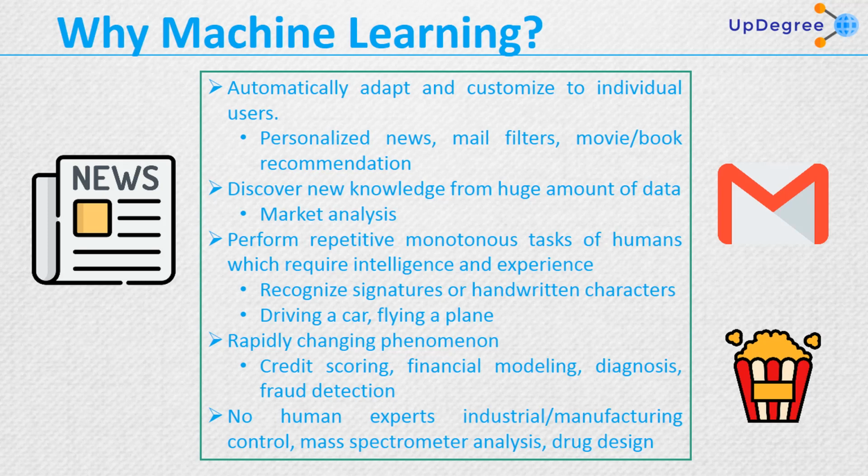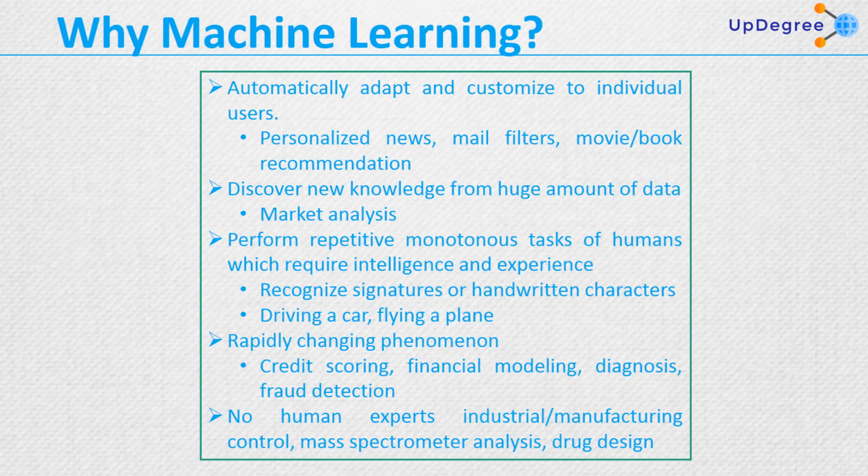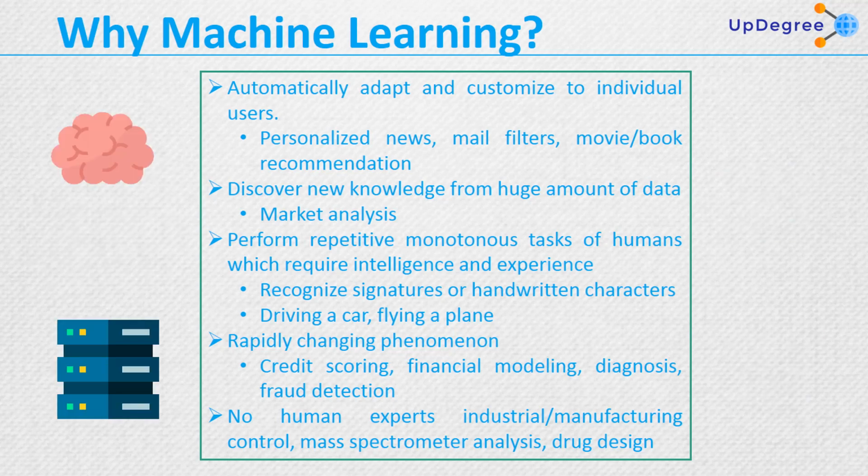So in this way we have personalized news, mail filters, and recommendations done by these machine learning models, and here it automatically adapts and customizes to individual users depending upon the features of the user concerned.